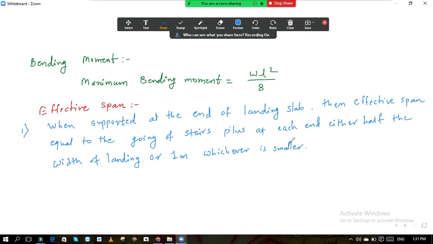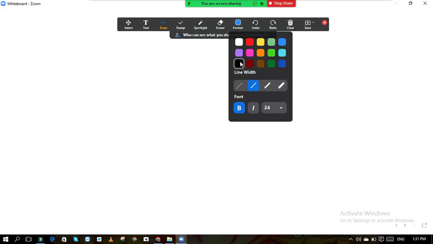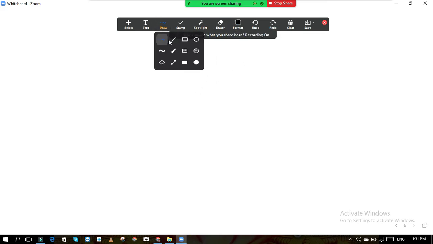So when supported at the end of the landing slab, the effective span is equal to the going of the stairs plus at each end either half width of the landing or 1 meter, whichever is smaller. Now we will draw the diagram for this so that it will be better for you to understand. So now suppose I will draw this waist slab first.